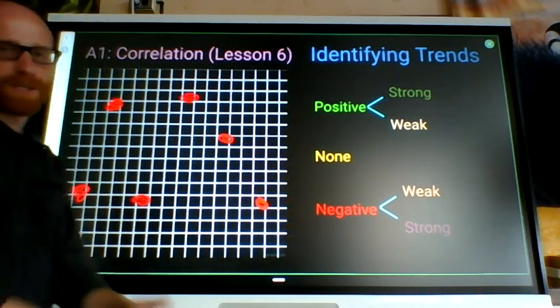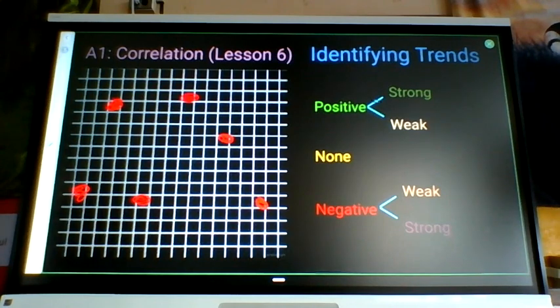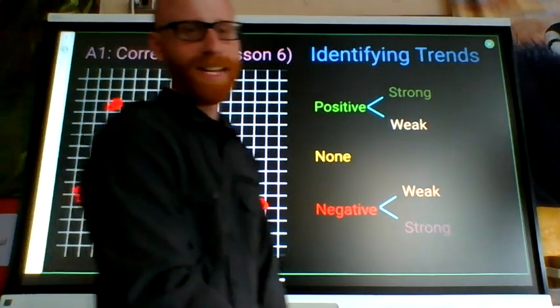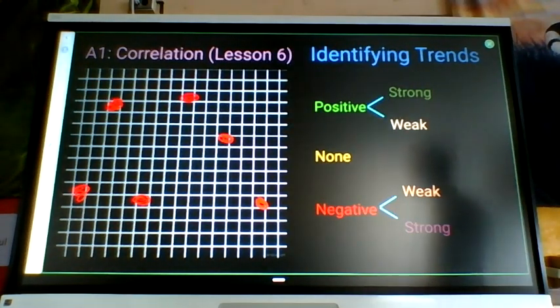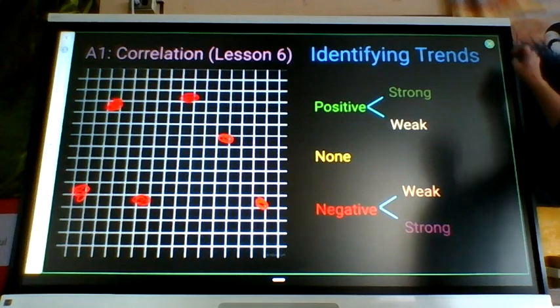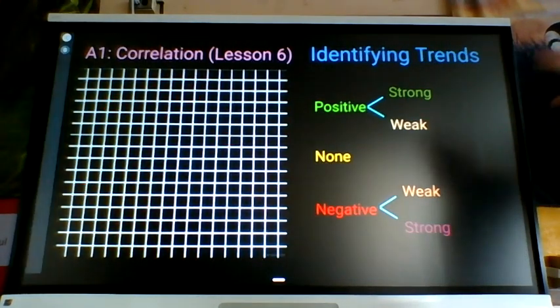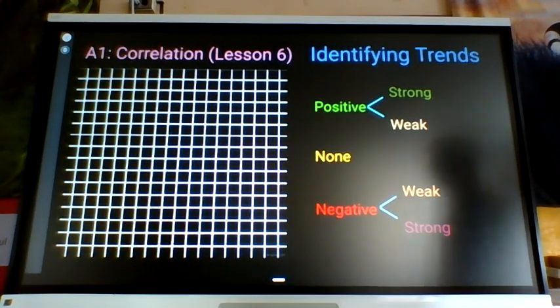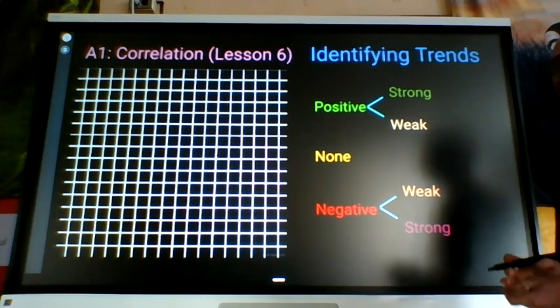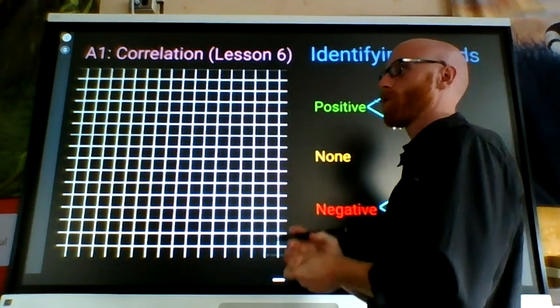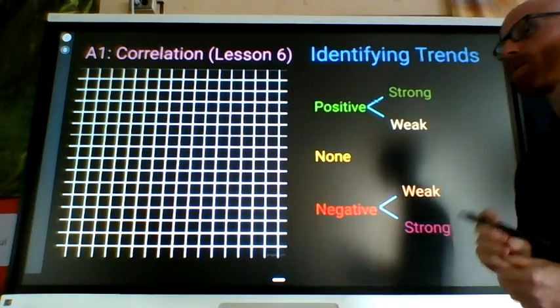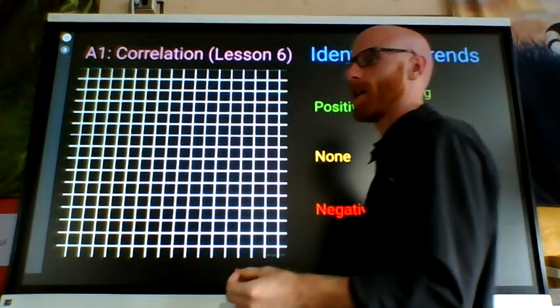All right. Now, positive and negative also get broken into the concepts of correlation being weak or being strong. A strong positive correlation, for the sake of Algebra 1, will mean that almost all of the points hug very tightly to one line.